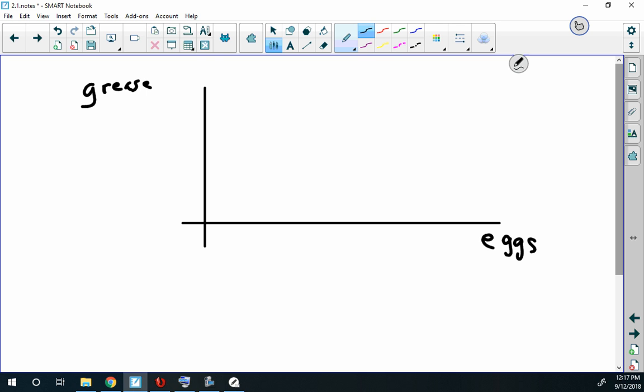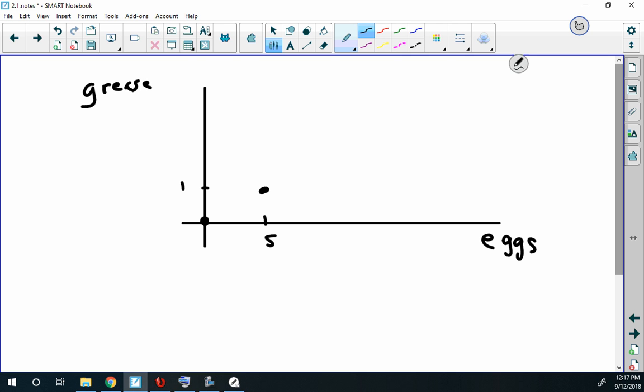So what should that look like? As the number of eggs increases, the number of grease would do what? Also increase. If we don't have any eggs, we don't need any grease. So that might go right here, right? But if we have something like 5 eggs, we might need to have 1 ounce of grease, right? So maybe this is going to go something like this.